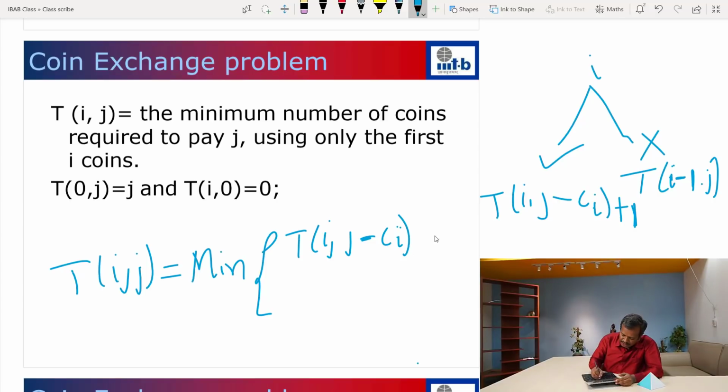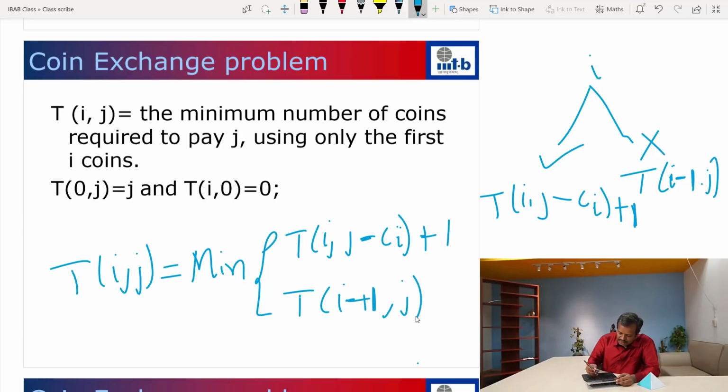But since I use the ith coin, the number of coins that I use will be 1 plus the number of coins required to pay for j minus c of i using the first i coins. If I do not use the ith coin, then I have to pay for the entire j using the first i minus 1 coins.